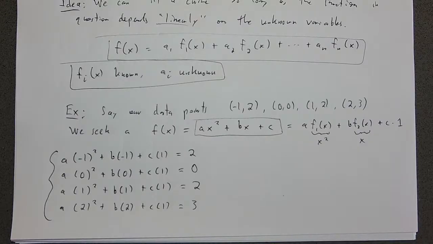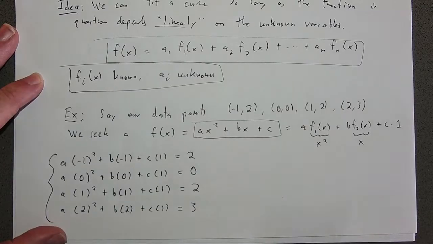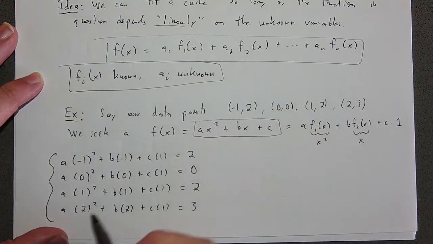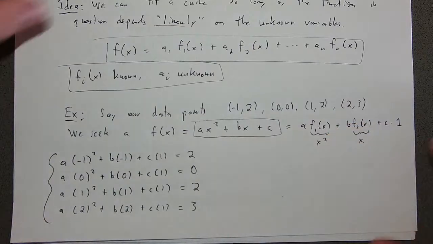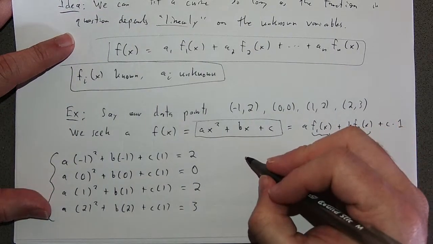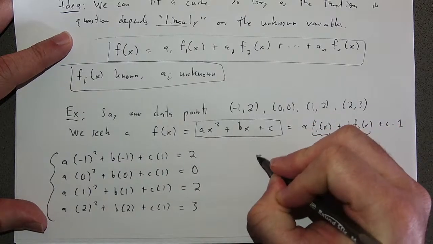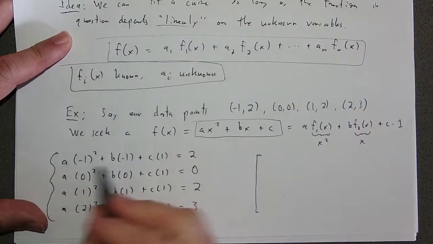Now, just as in the previous case where we had a least squares line that we were attempting to solve for, here we have naturally a matrix equation that arises out of this. So what does it look like? I'll write it here. I have a matrix here, minus 1 squared.